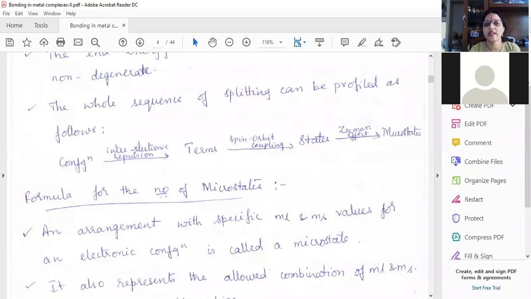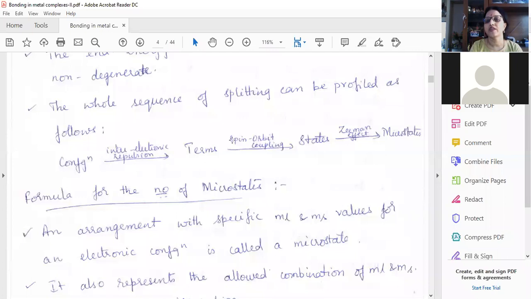Interelectronic repulsion means that the electrons in the orbitals, because of their repulsion, cause the energy levels to split into terms. These electrons again have a spin moment and an orbit moment.